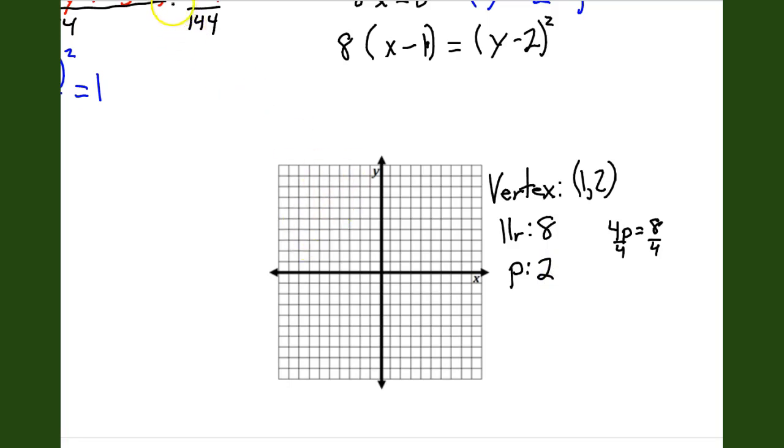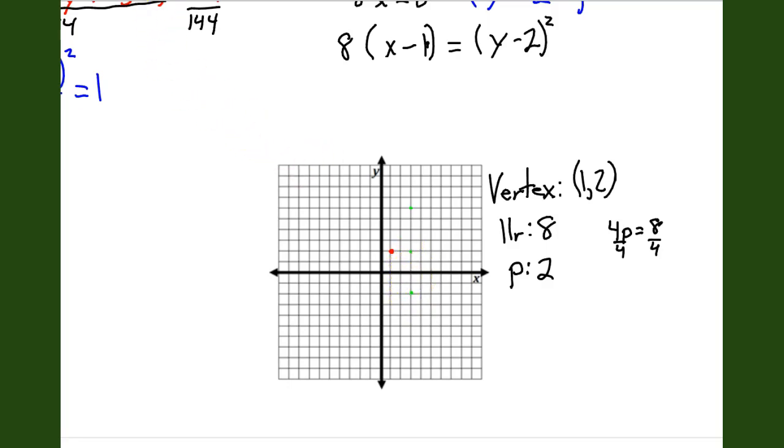So we can go ahead and graph this here. We'll have 1 comma 2, start here. We're going to go to the right, a value of 2, right? And then we're going to go LR of 8, so that means I need to go 4 up and 4 down. 1, 2, 3, 4.